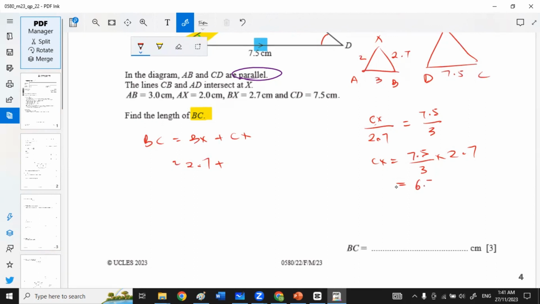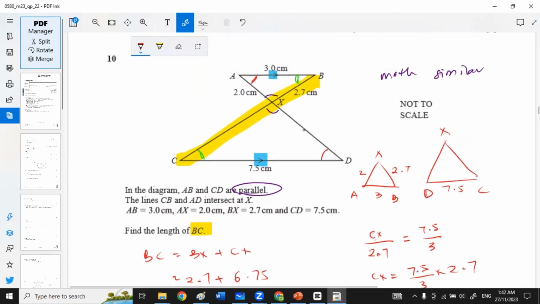And you plus 2.7, you should get 9.45. Final answer. So do take note, if you have parallel lines and see there are two triangles, it's very common that you have a mathematically similar question.